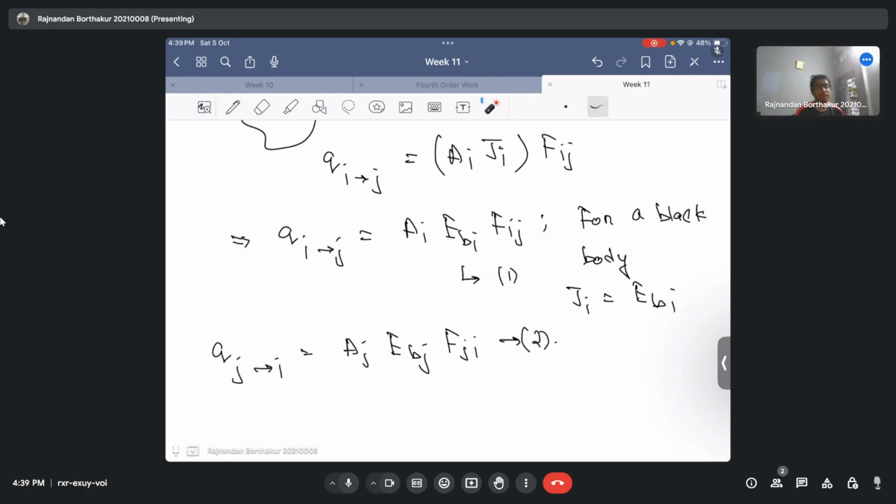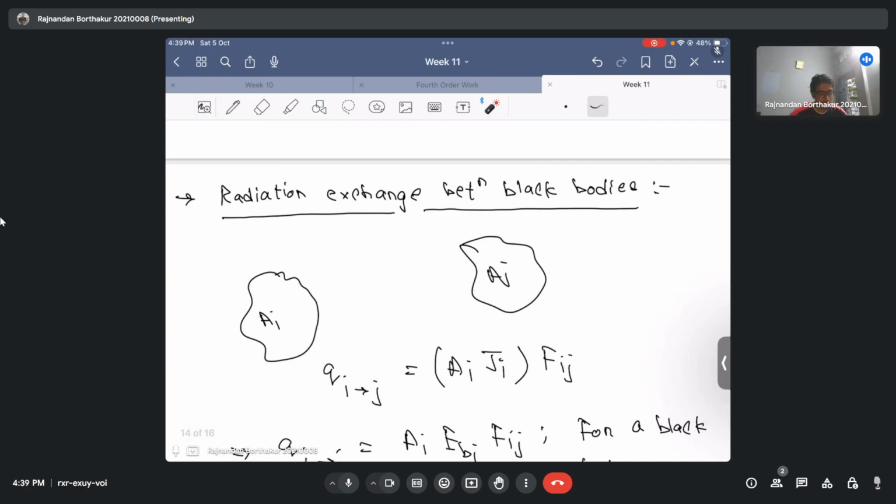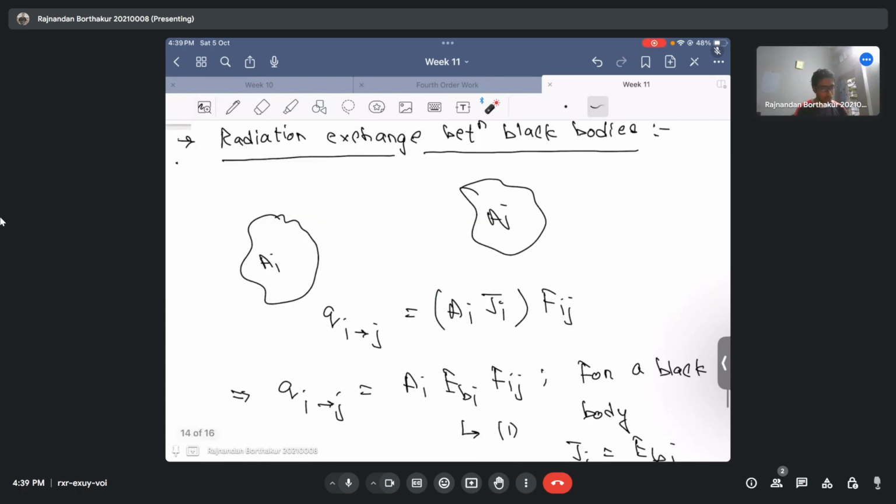Now, when people talk about exchange, we are not looking at radiation emitted from just one body. We are looking at radiation exchange, so we need the net radiation exchange taking place between these two bodies, or the net radiative flux in other words.